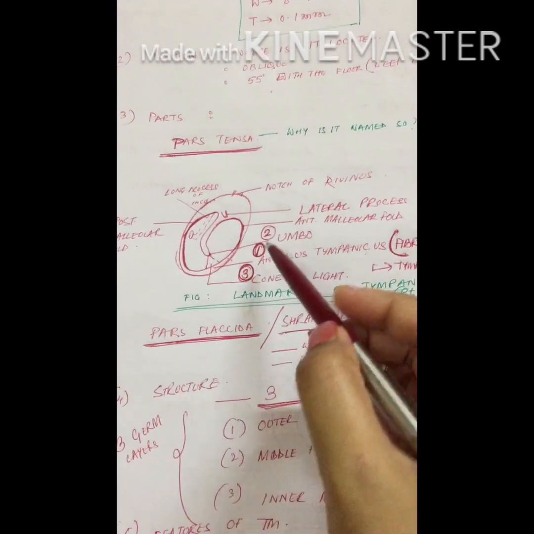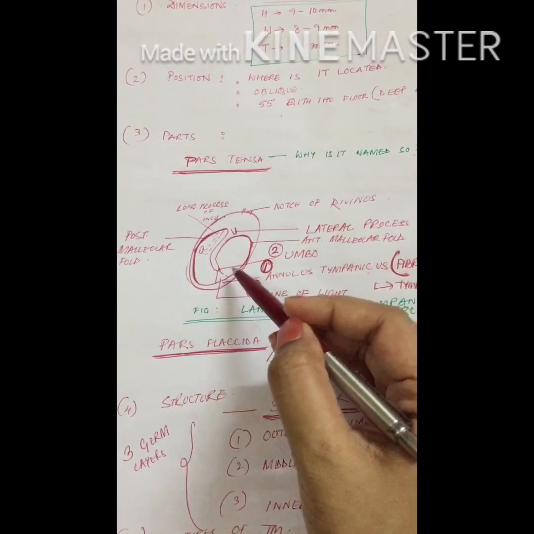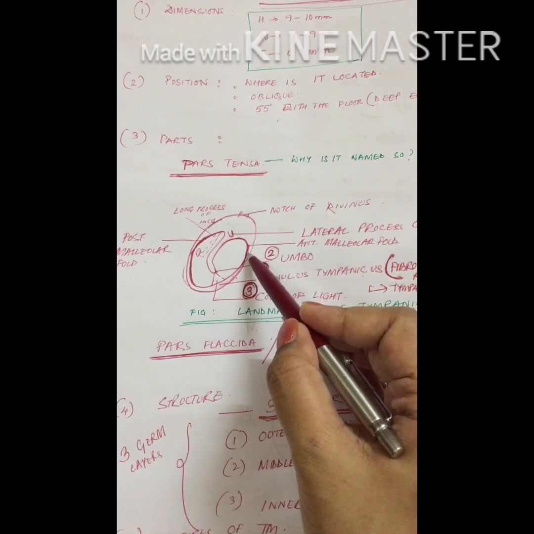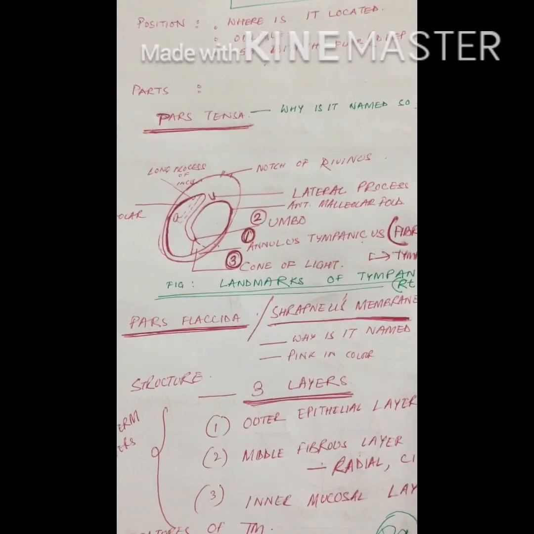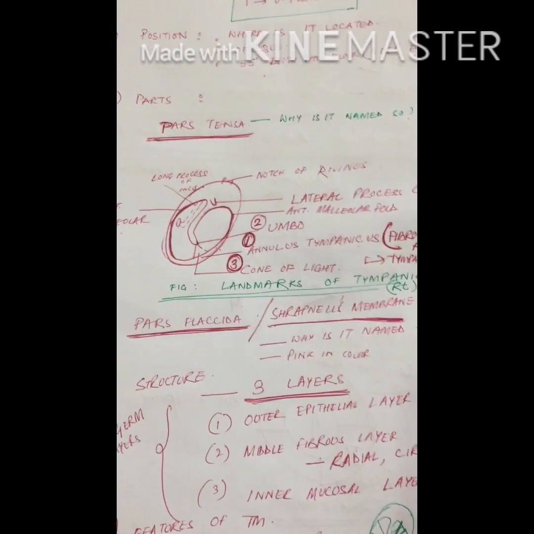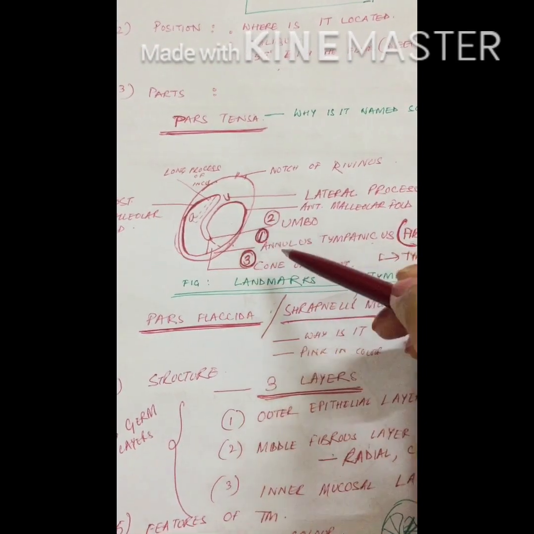Annulus tympanicus. This is the annulus tympanicus. The tympanic membrane gets thickened in the periphery to form the annulus tympanicus, which sits on the tympanic sulcus.